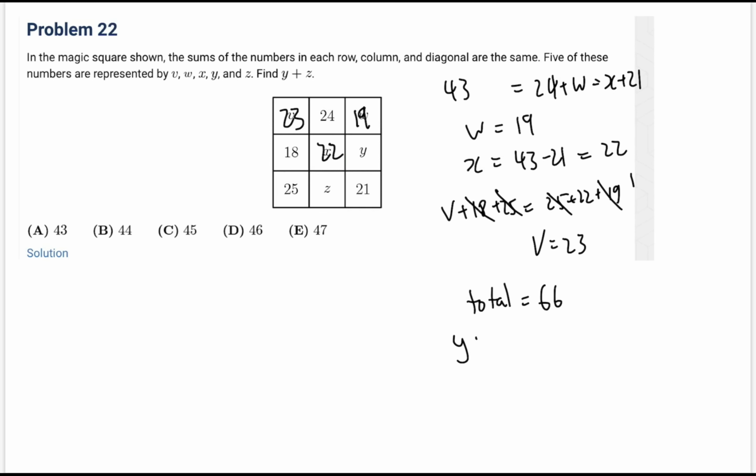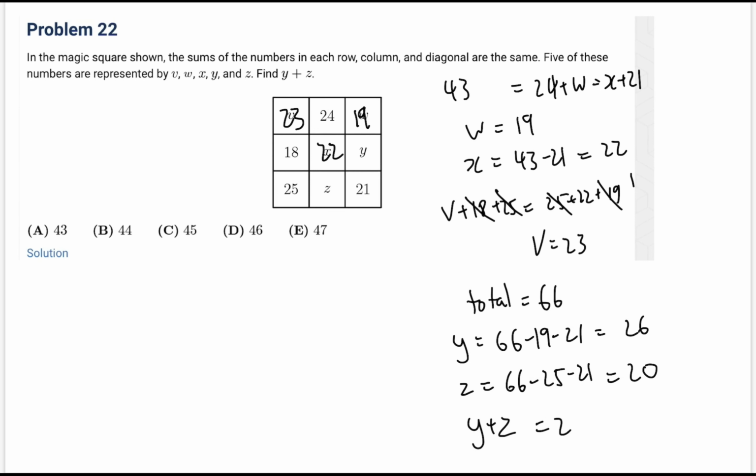And so y equals 66 minus 19 minus 21, so it's 26. And z is 66 minus 25 minus 21, which is 20. So y plus z is 26 plus 20, which is 46, so 22 is D.